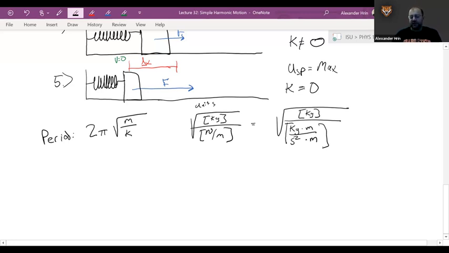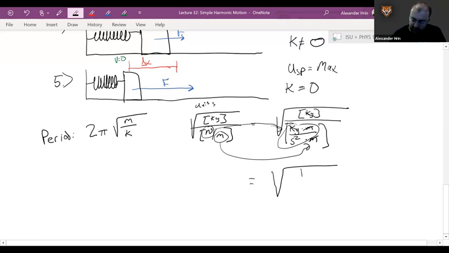That's what a newton is. We do get some cancellations: the meters cancel, and the kilograms cancel. So what we end with is the square root of 1 over 1 over seconds squared. This becomes the square root of seconds squared, which becomes seconds.